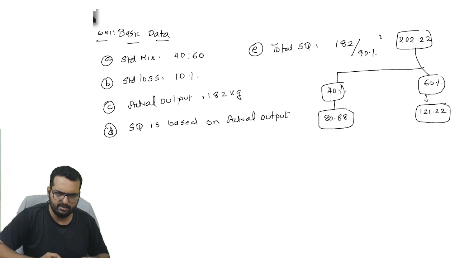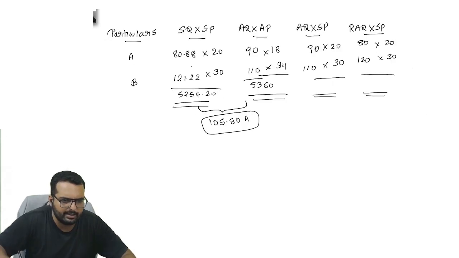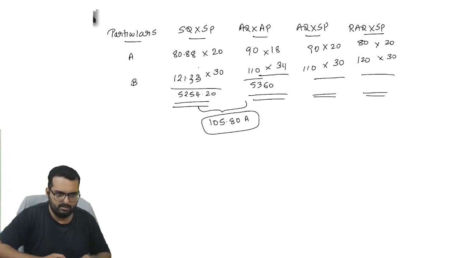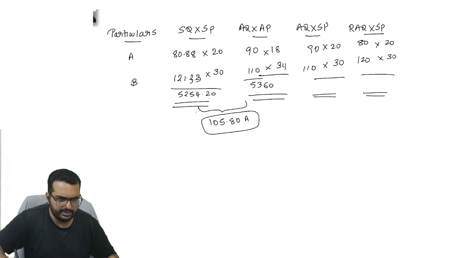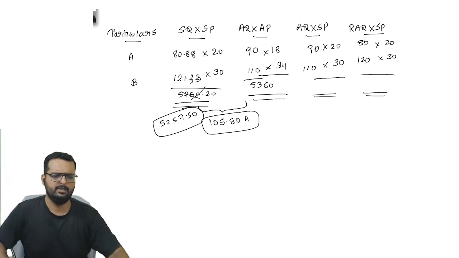It will go till the end. 121.33 will come over here. Okay. All right. So if that turns out to be 33, maybe your answer will be the same. Let's check it. 121.33 into 30 and 80.88 into 20. Then you get 5257. Correct. It's a rounding off difference. Don't bother about that. Okay.